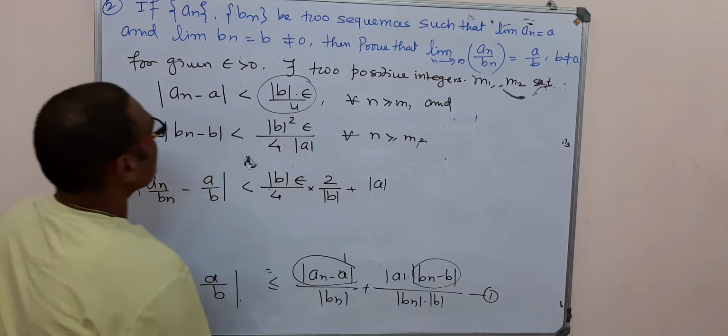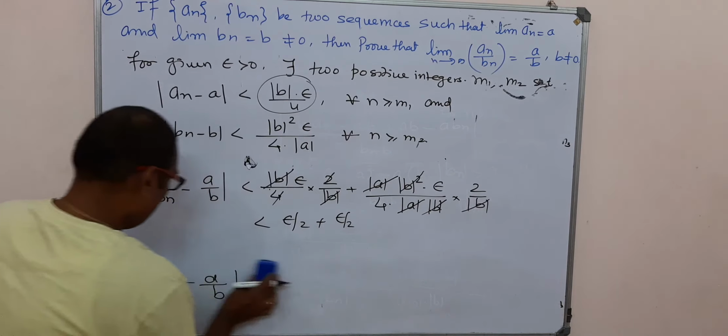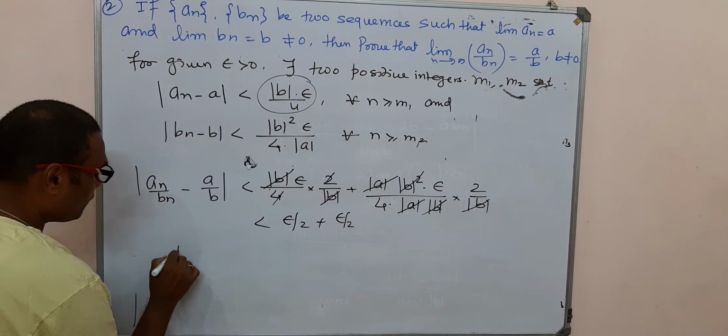So you observe that the 2 and 2 cancel, and it becomes epsilon by 2, and in the second term again it is epsilon by 2.